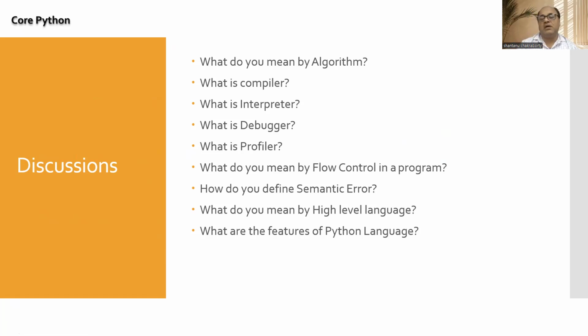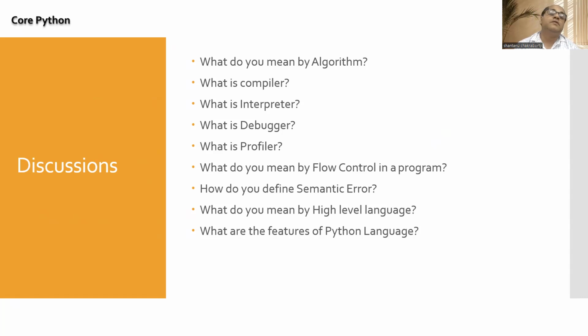So what have we learned? Let us summarize our discussion. We learned about algorithms and algorithm flowcharts, which are very important for programming. We learned what a compiler is. It's a translator that converts your source code to an object code.